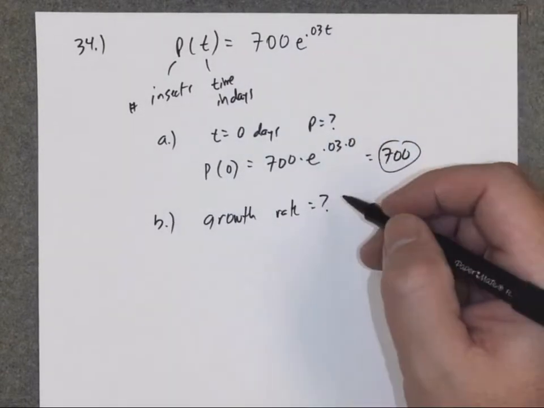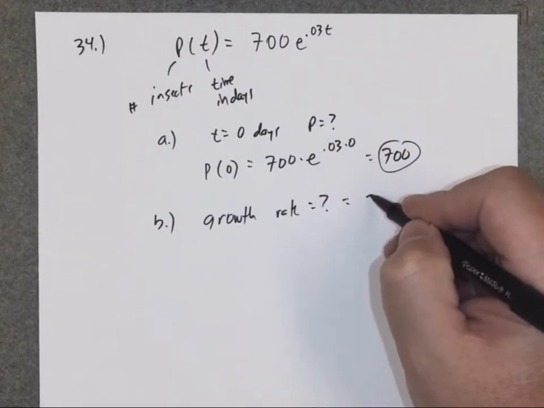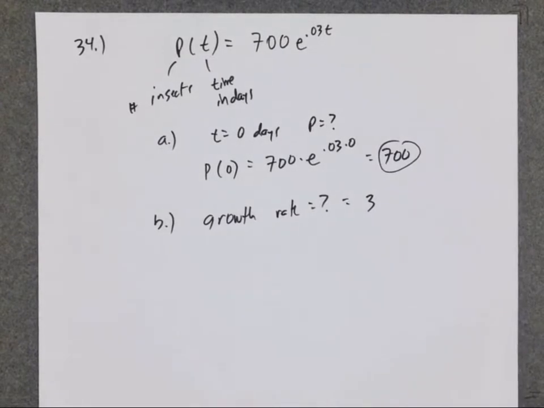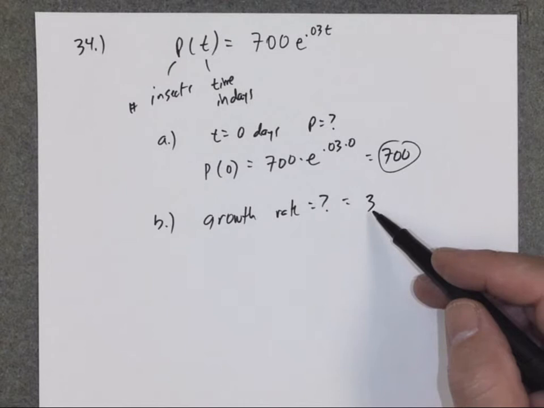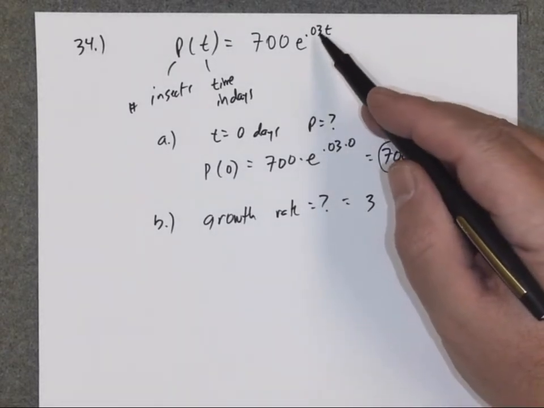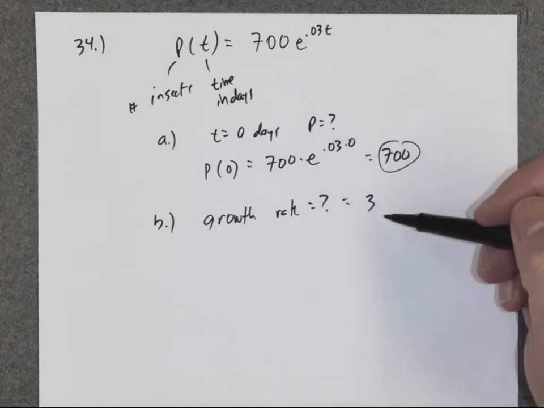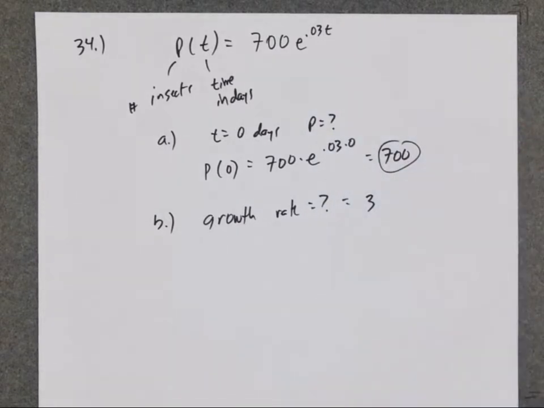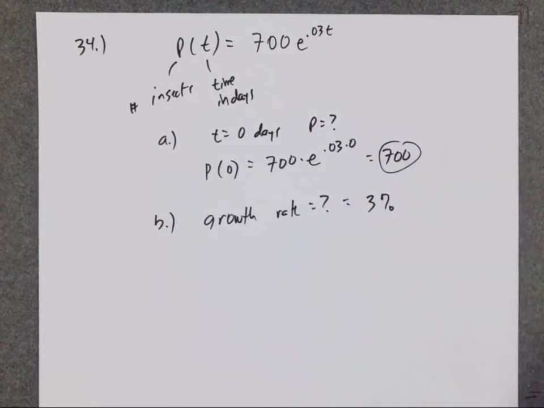This is 0.03, so I think they call the growth rate 3. So you do the opposite of percent. If I said 3% growth rate, then you put in the equation 0.03. Now they're saying my equation is 0.03. What's the percent growth rate? You say 3, and the answer is percent.